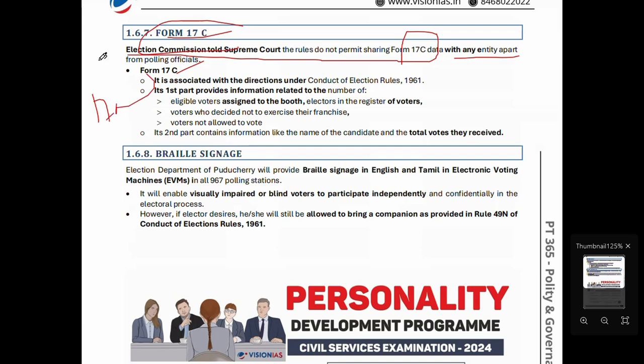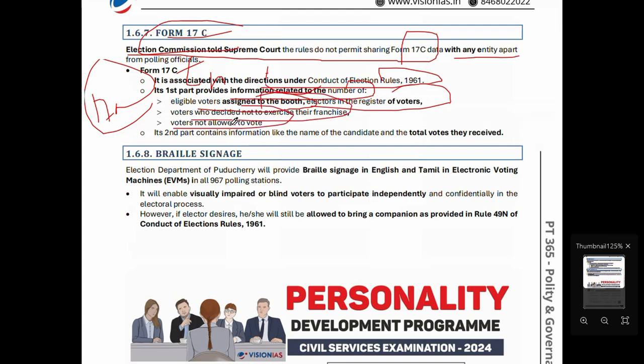You need to focus that Form 17C is related to the Election Commission of India. It is associated with directions under the Conduct of Election Rules 1961. It provides information on the number of eligible voters assigned to the electoral register, voters who decided to exercise their franchise, and voters not allowed to vote. The second part contains information like the candidates and the total votes they received.